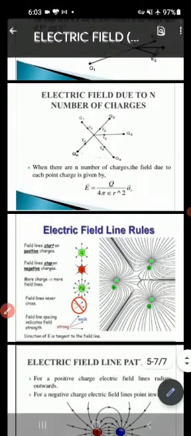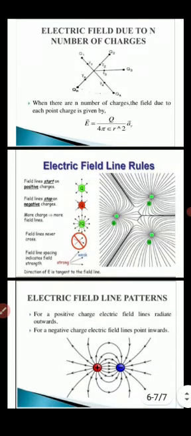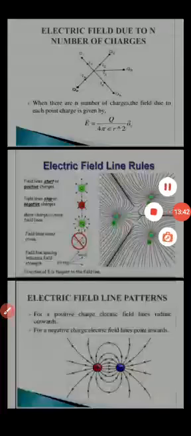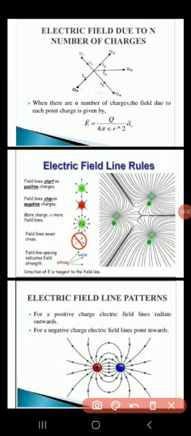Now, the pattern of electric field lines. Suppose we are taking two positive charges. In that case, both charges are positive, and for both, electric field lines are outwards.